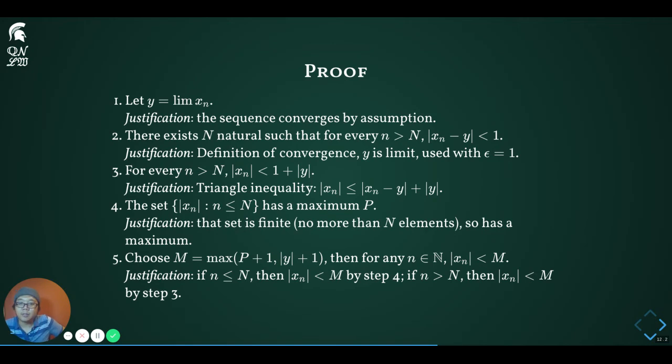So, based on this maximum and the bound provided in step 3, we conclude that for every natural number, the corresponding term can be bounded above by the number m, which is essentially the larger of the upper bound for the finite set below capital N and the upper bound for the infinite set beyond capital N. This shows the theorem.